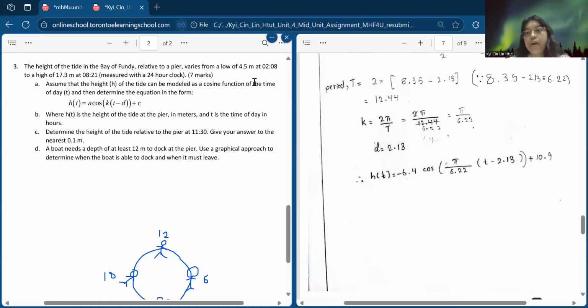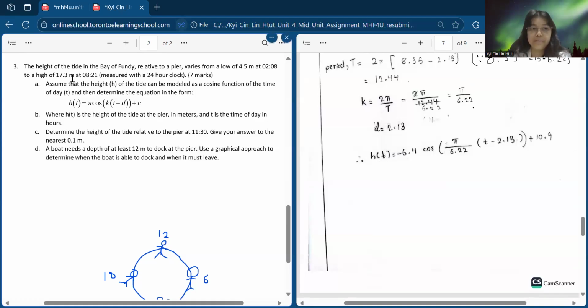Now again, remember when I said I will use the reflection method? Because I assume that the tide starts from the minimum, I choose the time that it starts as minimum, which is why I chose d equal to 2.13 instead of this one.